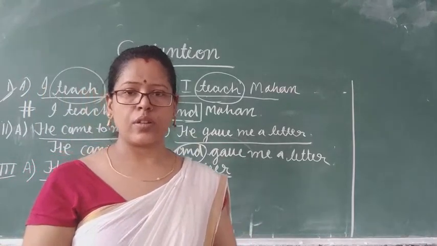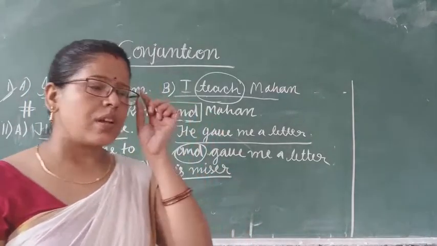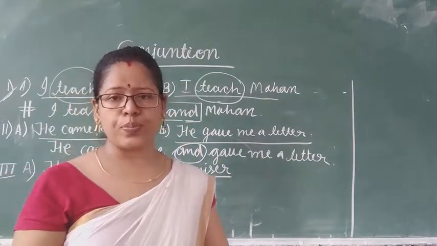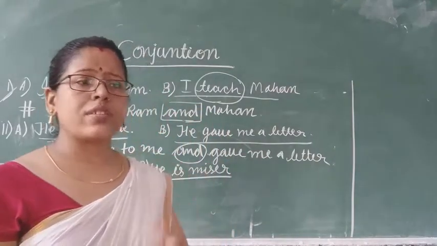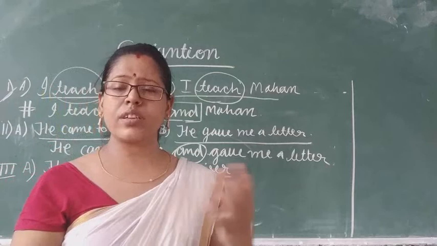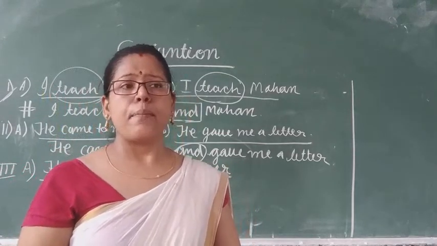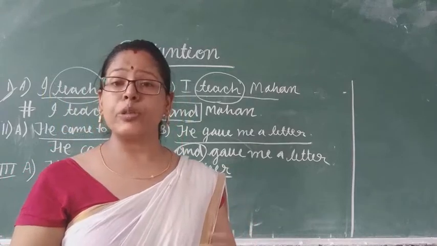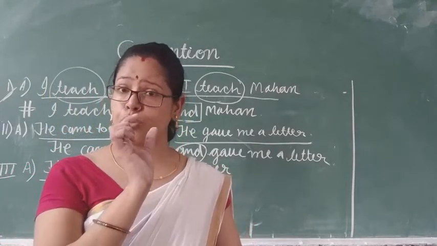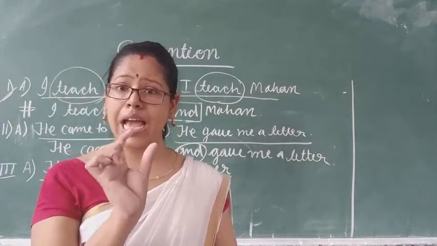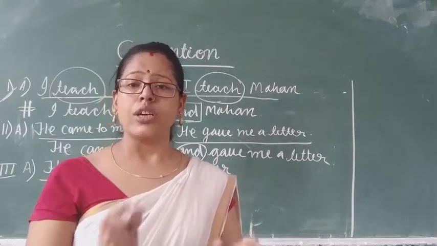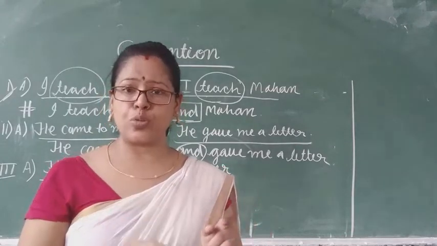Alright? For example, when I ask you, okay, what subject do you read? What subject do you study? So what do you say? I study maths and computer, and you use that time and conjunction, okay, to join in addition to.